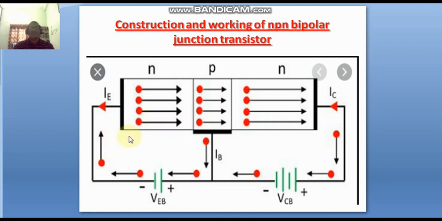If you take the working function, when the switch is on, the VEB is in working condition. When the VEB is in working condition, the majority charge carriers in the emitter region are electrons and holes are the minority carriers.